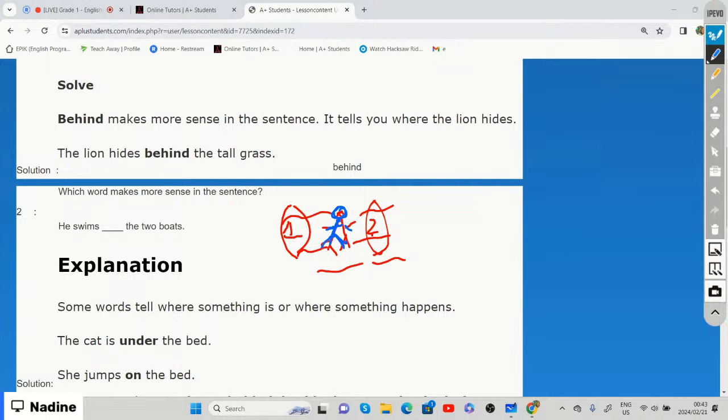So he swims the two boats. And if we were to give the correct answer, then we would say he swims between the two boats. Right? So he swims between the two boats.